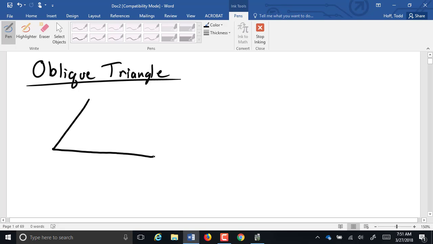So it might be a triangle that looks something like this. Trying not to make that look like a right angle.